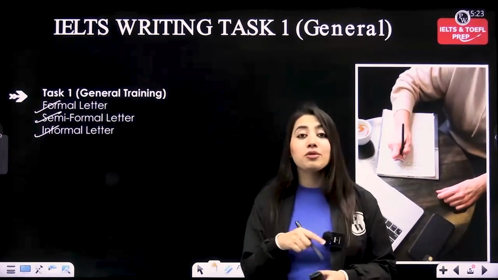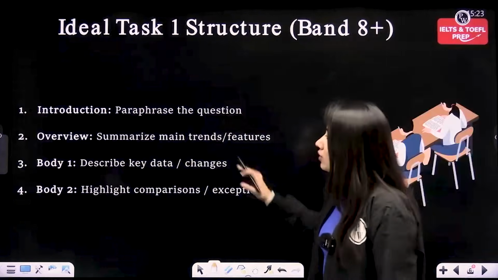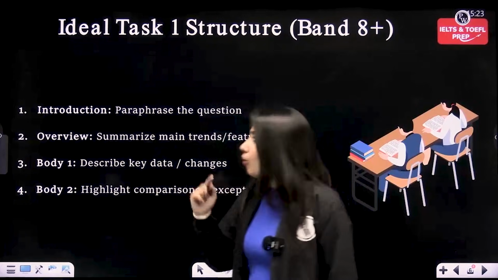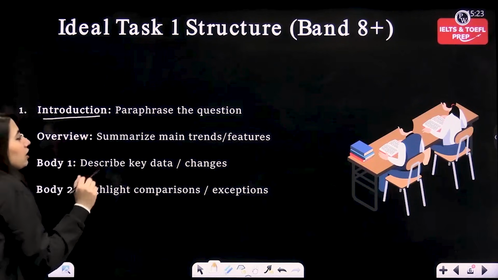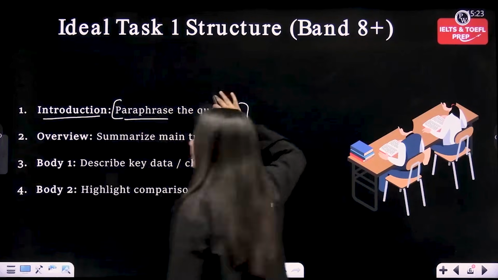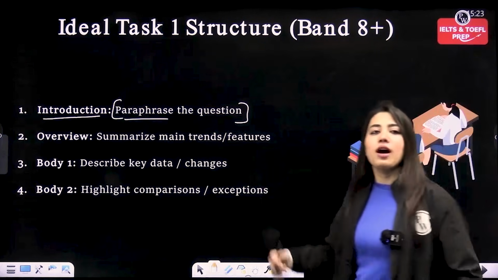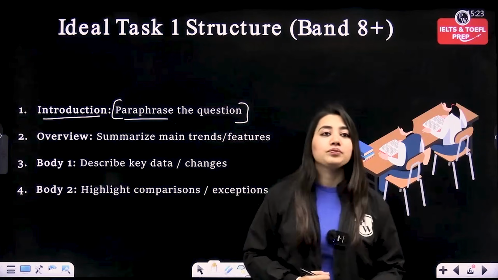Let me show you the format now for the academic ones, okay? So this is the format. That's how you're going to write your reports. What's the format? Let's see. First, you will have an intro para, in which you do nothing but paraphrase the question.